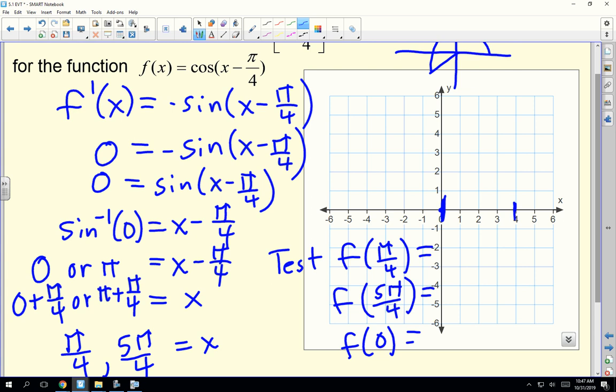Cosine of pi over 4 minus pi over 4 is cosine of 0, which is 1. So I've got a coordinate at pi over 4, comma 1. What about 5 pi over 4 minus pi over 4? That gives me cosine of pi, which is negative 1. So I've got 5 pi over 4, comma negative 1.